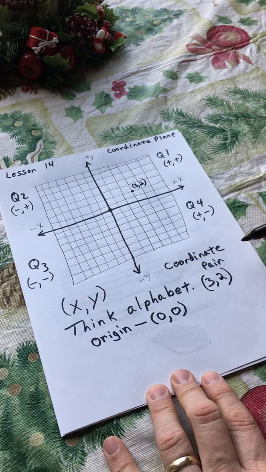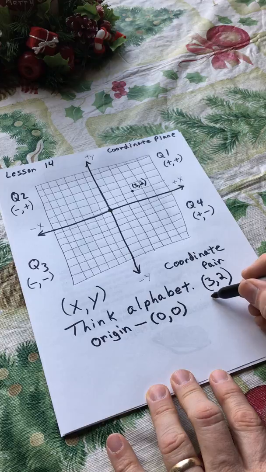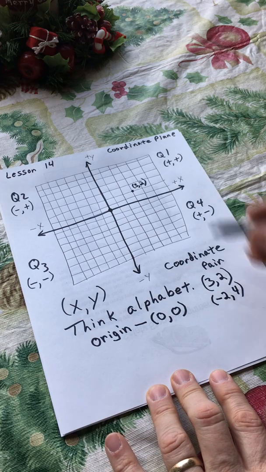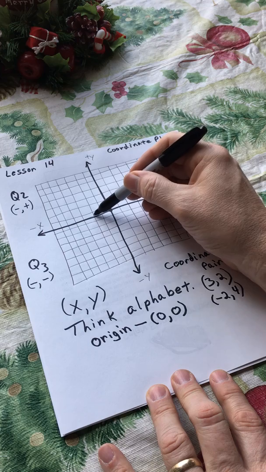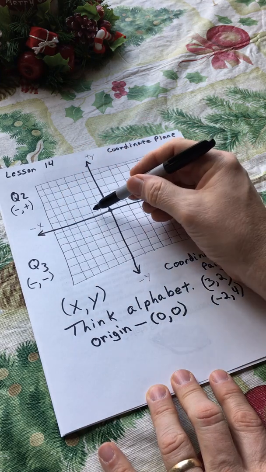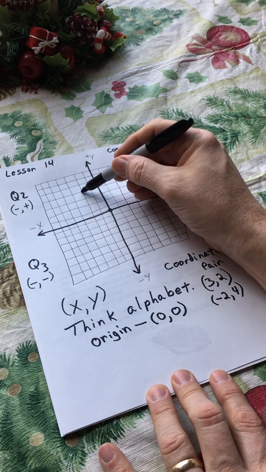Okay? Now, if I were to give us a coordinate pair of, let's say, minus 2, 4. Okay, x would be minus 2, 1, 2 in the negative direction. See, negative, it's just like on the negative of our number line, and plus 4, 1, 2, 3, 4.